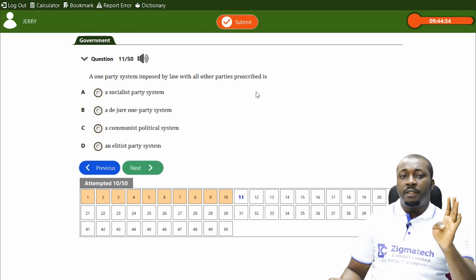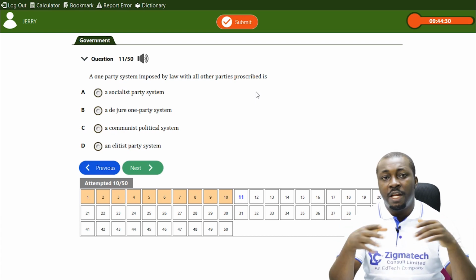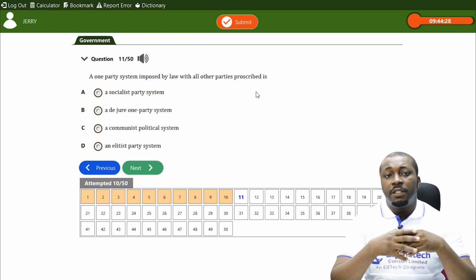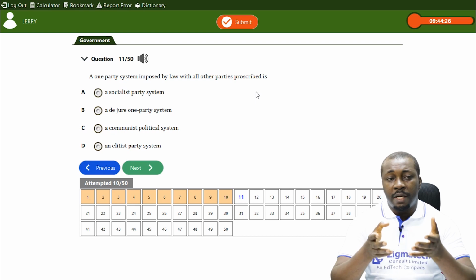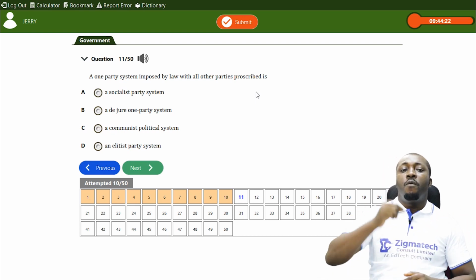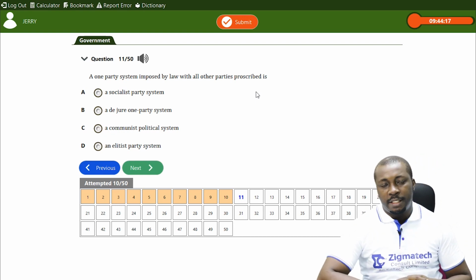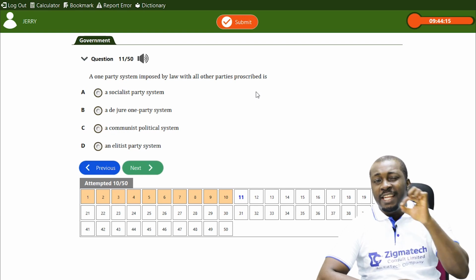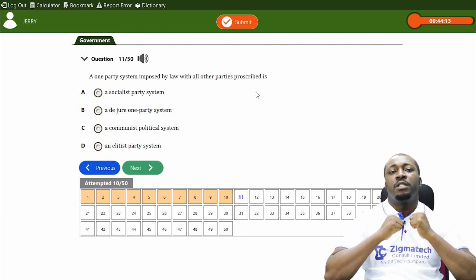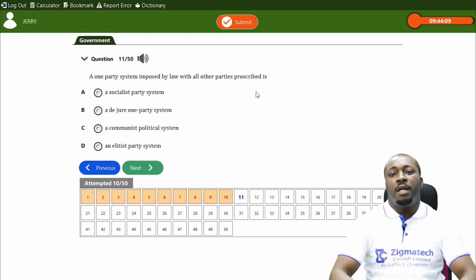De facto one-party system is where you have other parties existing in a state. The law permits the existence of more than one political party, even at times a multi-party system, but you find out that one political party dominates the political system in a state. So when you have that, it's de facto. One party uses its force, its power to dominate and will always win all the elections in the state.